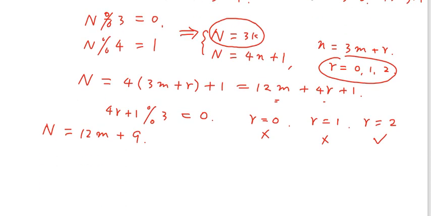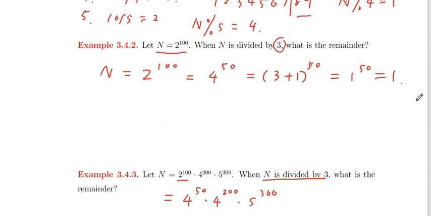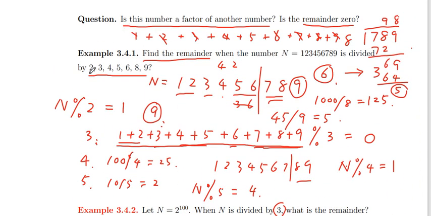So for a big divider, maybe we can use this way. For divided by 15, I use this way. We divide by 15: we know divided by 3, what is the remainder, divided by 5, what is the remainder, right? Divided by 45, the same way. Okay, so go back to here. For this number divided by those numbers, 2 is easy, 3 is easy, 4 easy, 5 easy, 8 easy, 9 easy.